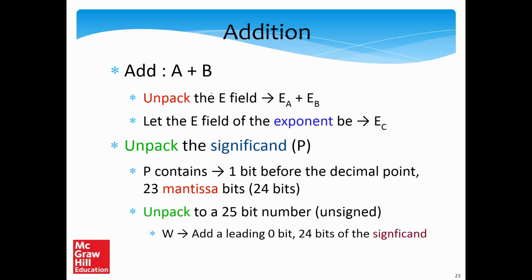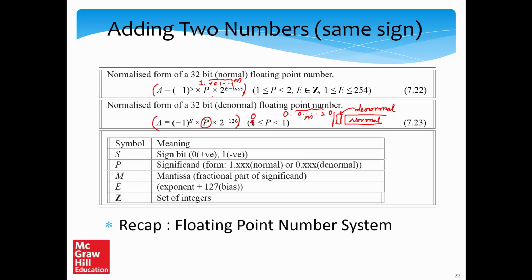If we want to do that, let's take a look at the E field. The E field is the value that is stored, so it is the real exponent plus 127, which is the bias. For example, when we try to save a number of the form 1.5, which is actually 1.1 in binary, the real exponent was 0. So what we save is 0 plus 127, which is the bias.